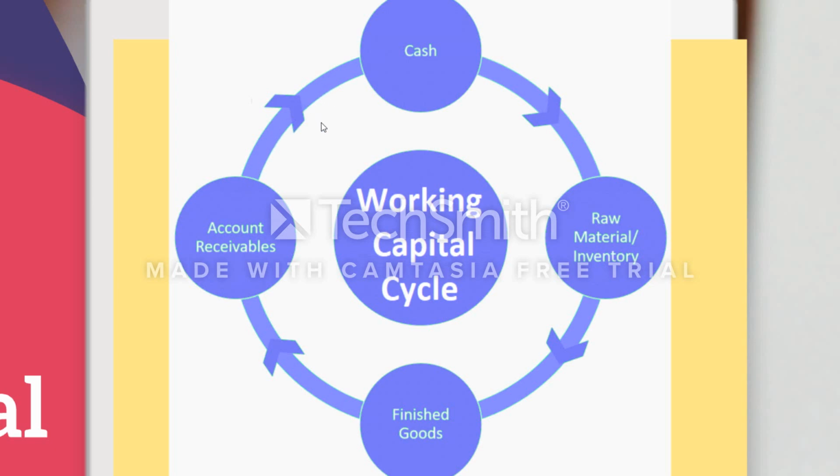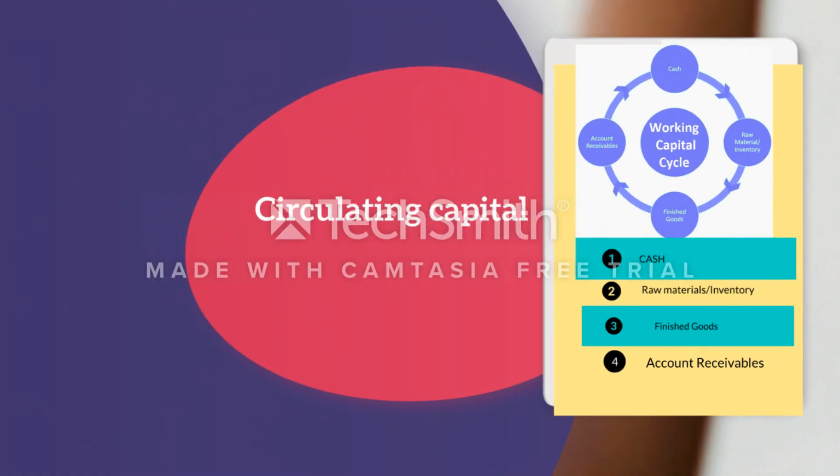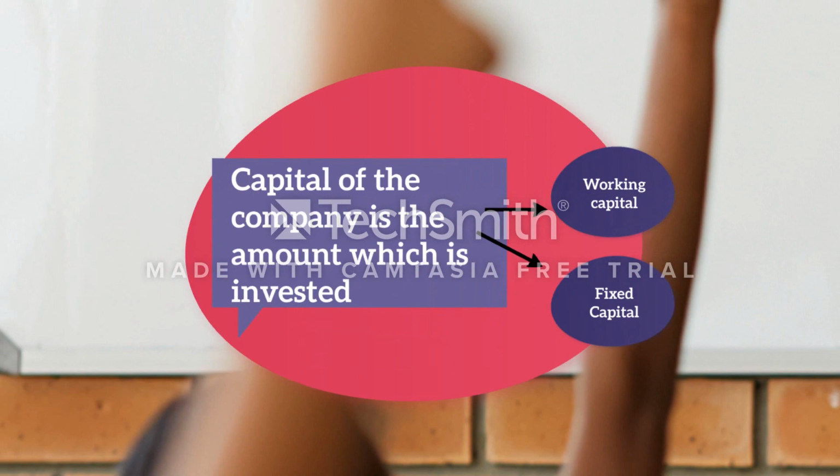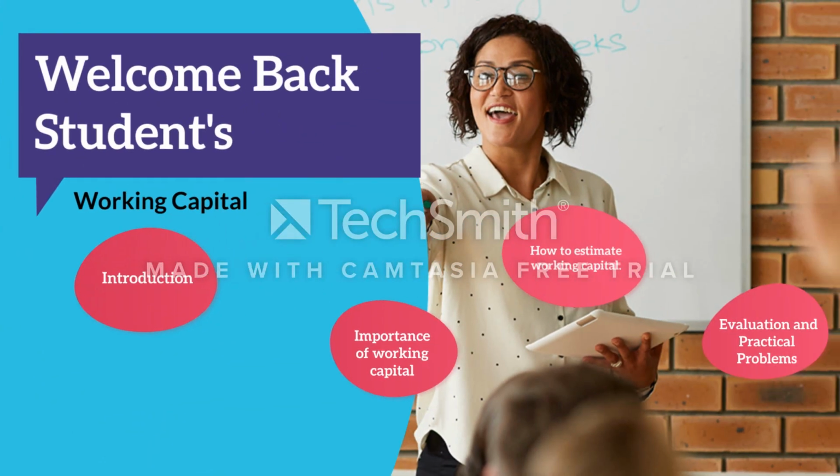So we started with the cash, we made a product, we sold that product, again we are getting cash in hand. So this keeps on rotating in the business, and so we say that working capital is also known as circulating capital, because the money with which you have started will keep on rolling into the business to bring your business into a running condition.